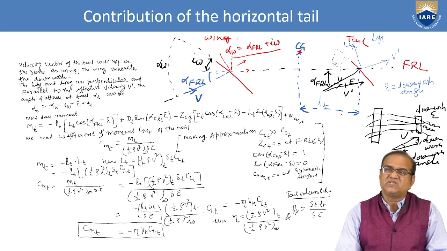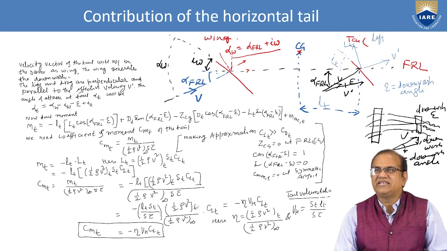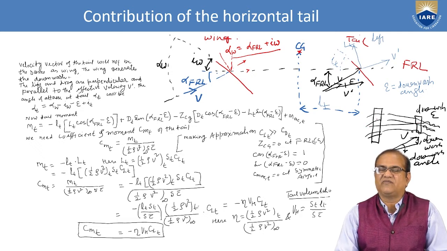But there is one more issue coming, and that issue is here. You can see I have drawn this diagram. In this diagram, this is the tail and this is the wing.